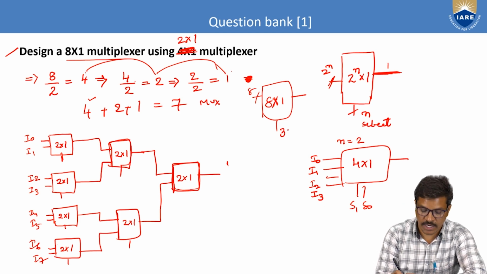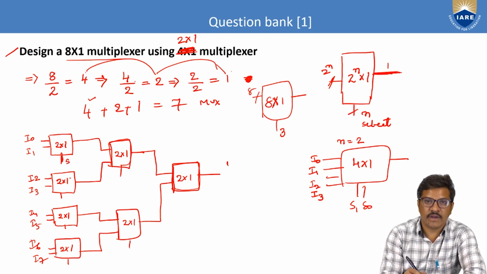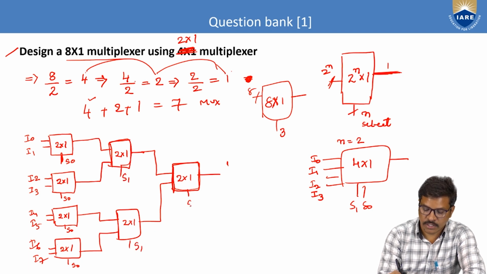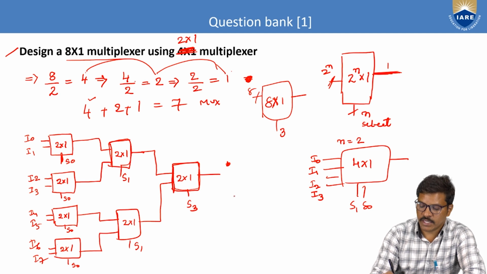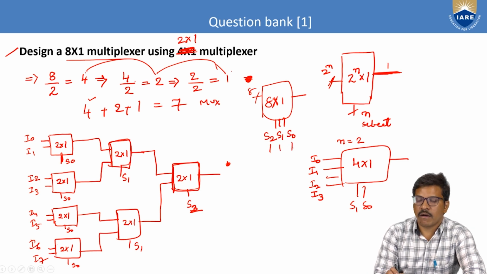How to represent these 3 select lines: the first level gates are connected with S0, S0, S0, S0. These two are S1, S1. This one is S2. Suppose I give any combination to the select lines S2, S1, S0 of the 8 by 1 multiplexer, say 1, 1, 1, all ones.